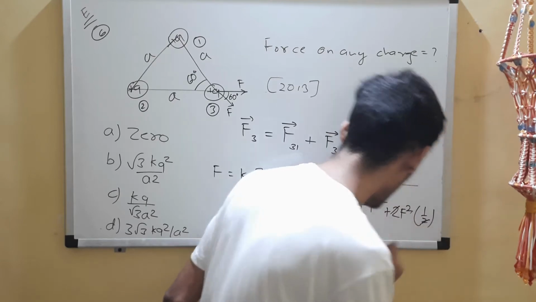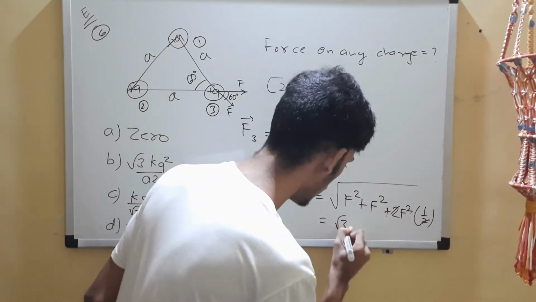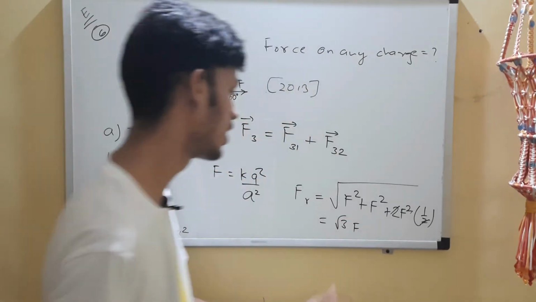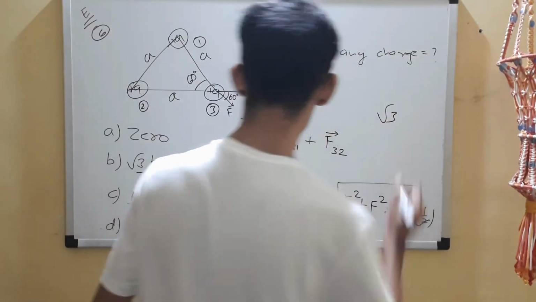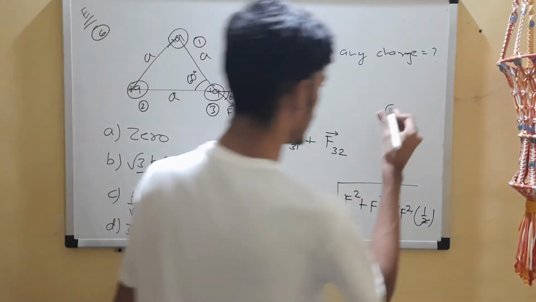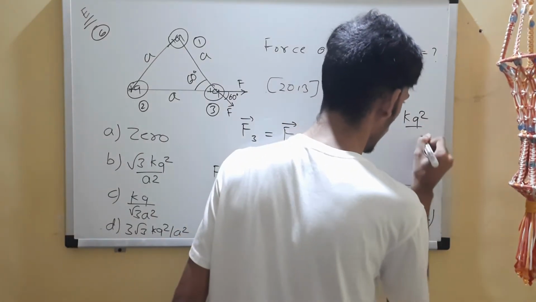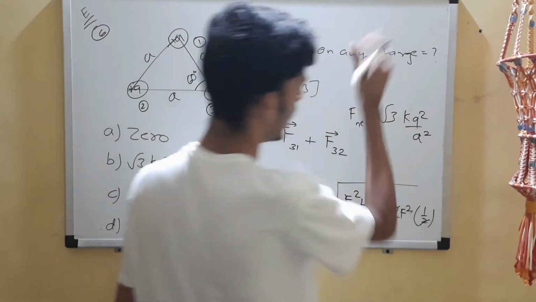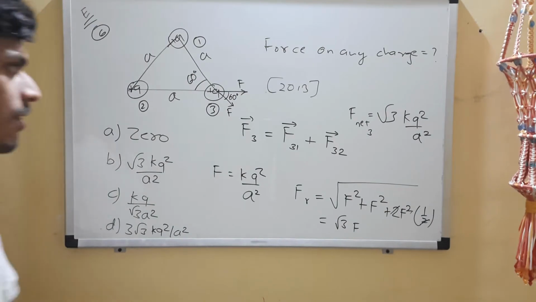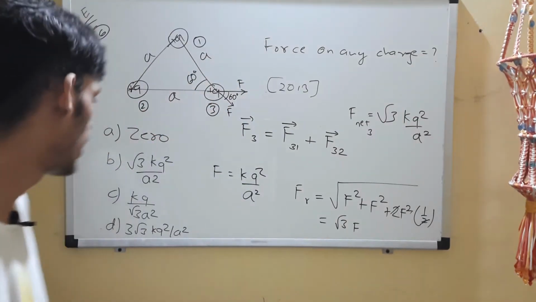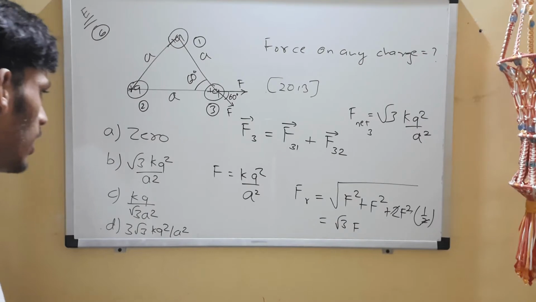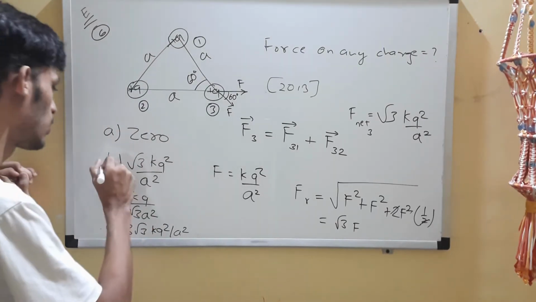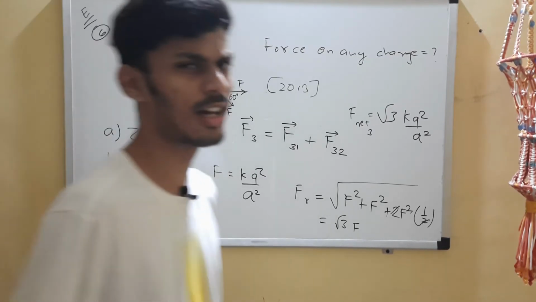So this and this will get cancelled and you'll get root 3 F square, and F square will come out of the root sign as F. So root 3 F, and F is nothing but, as we already wrote over here, kq square by a square. So the net force on the third one, or any of the charges for that matter, will be root 3 kq square by a square. Just write this properly. Option B is the correct choice.